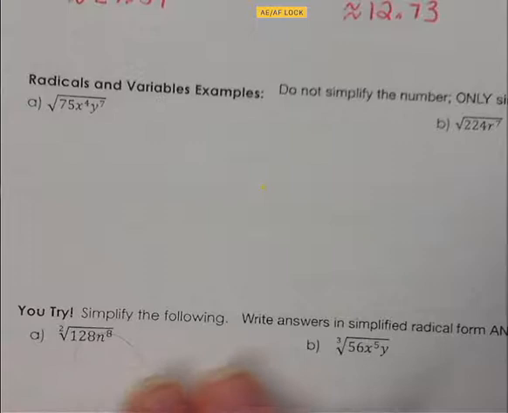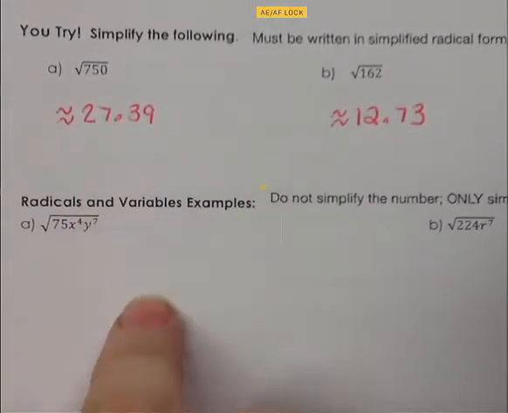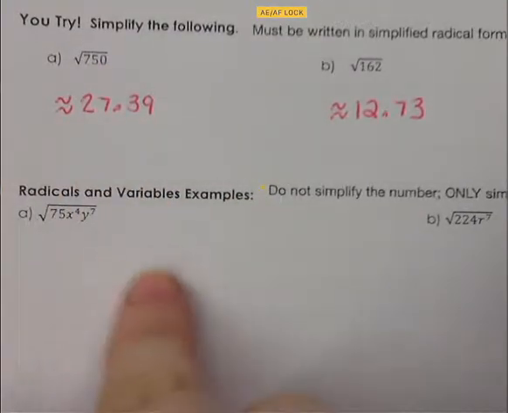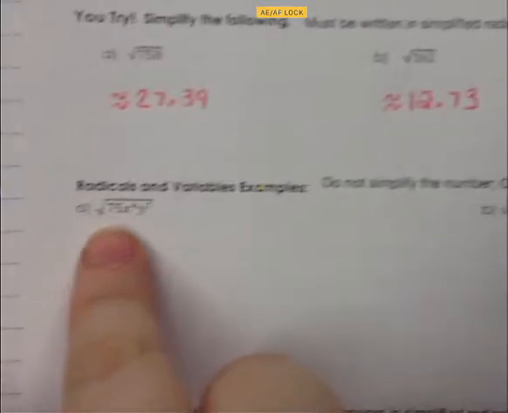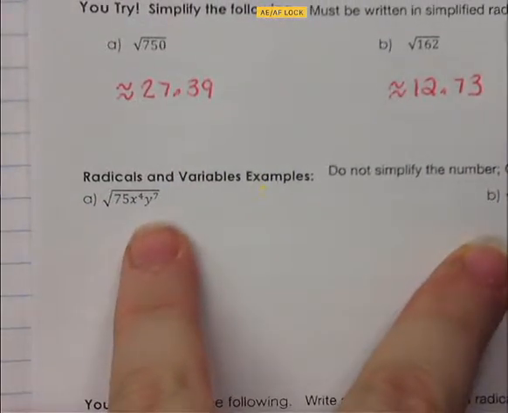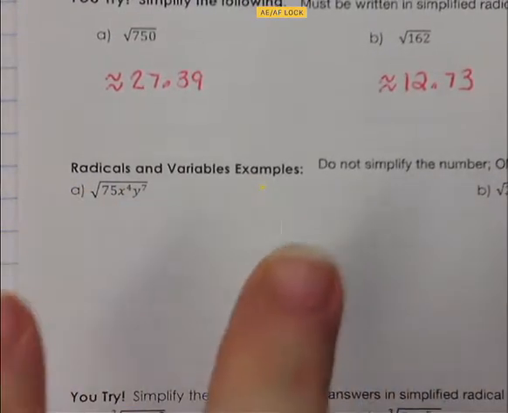On these last 3 examples, we're going to be combining these 2 things together. We're going to get the decimal value, and then we're going to simplify the letters. So we're focusing specifically on these right here. These 2 problems are specifically focusing on the variables.